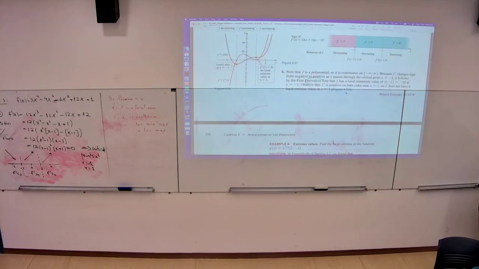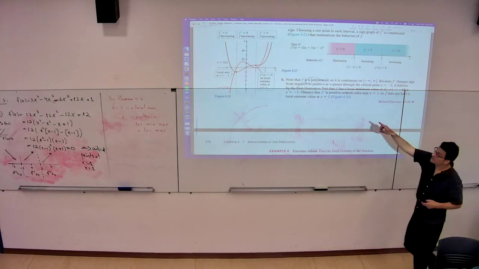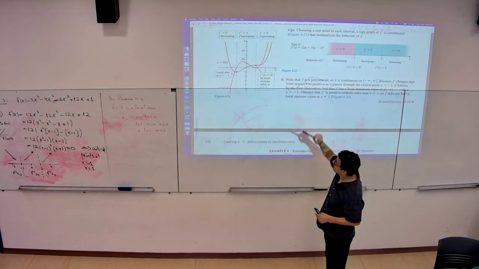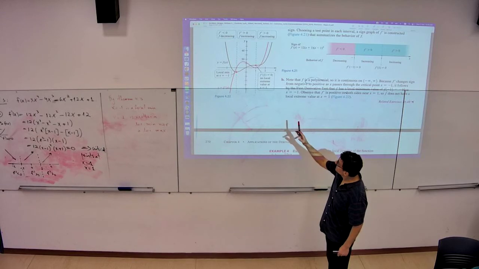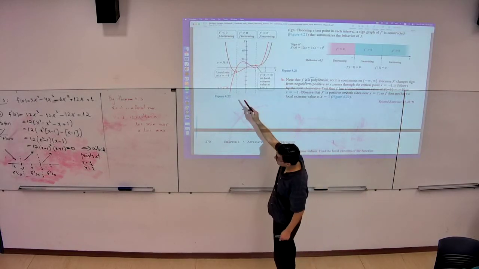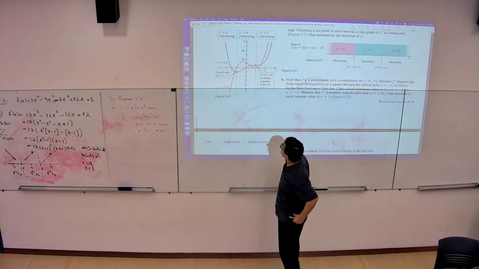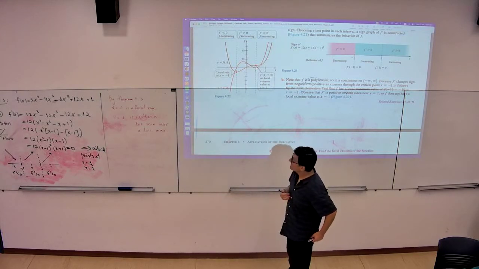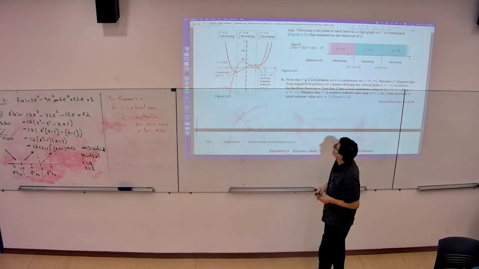So f doesn't have a local extreme value at x equal 1. Indeed, the function is depicted up there, in the black curve. So at x equal -1, local minimum. At x equal 1, there's no local extreme value. That's a saddle point. Okay?